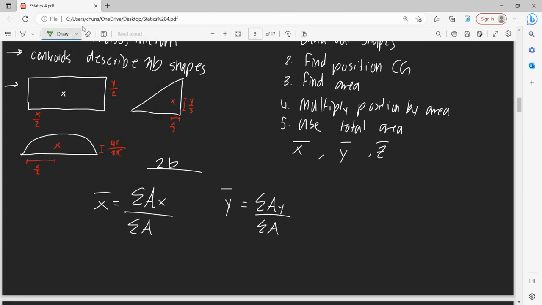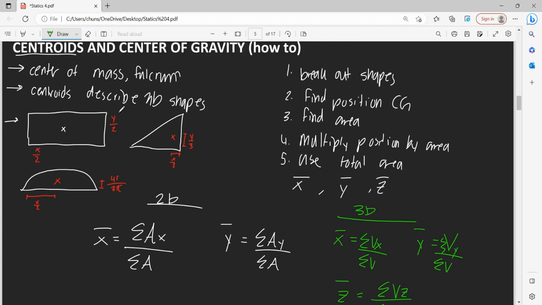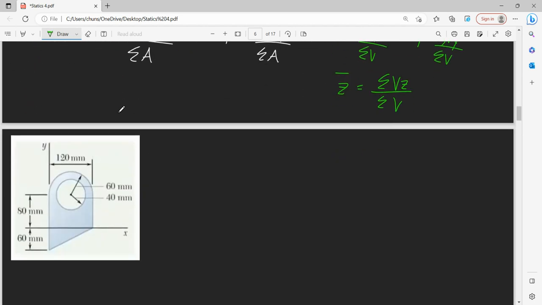And then for 3D systems, we would instead use total volume. So then we would have volume of x over sum of volume. And for our z, that is the sum of our z volume over the sum of volume. So I'll illustrate what all of this means in the next example.